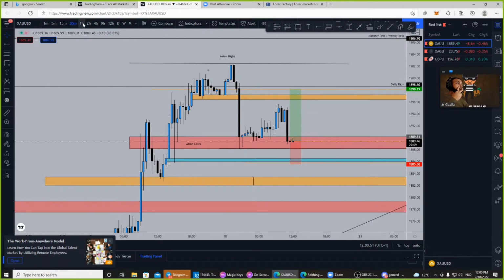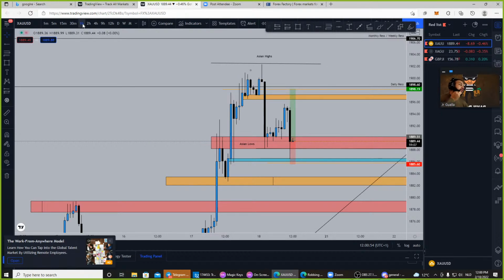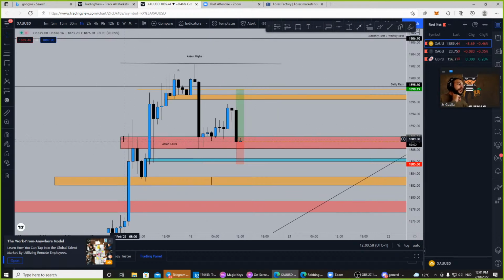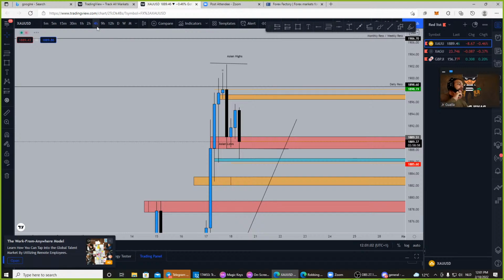Potentially. Let's see how the 1 hour closed. The 1 hour candle closed. Okay. But we closed below here. That's not good. 4 hour closing, not closing yet.